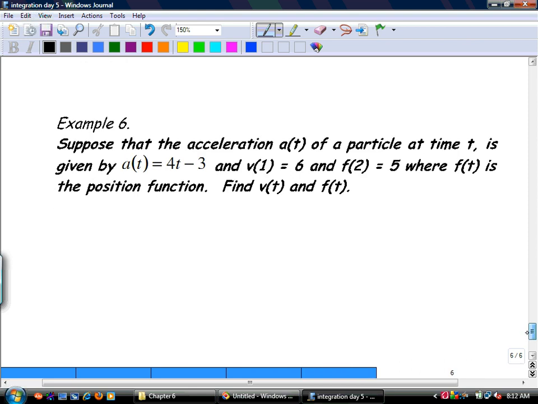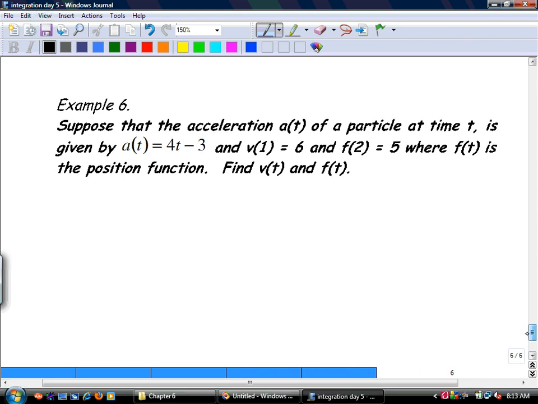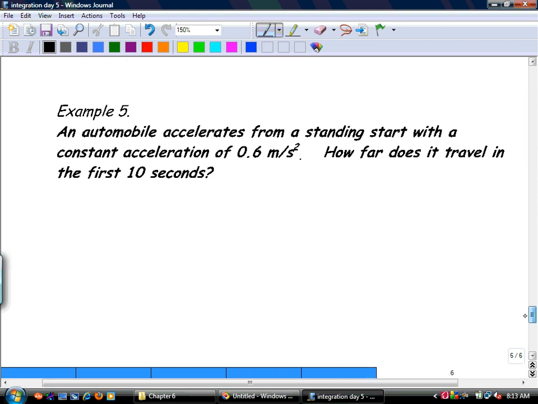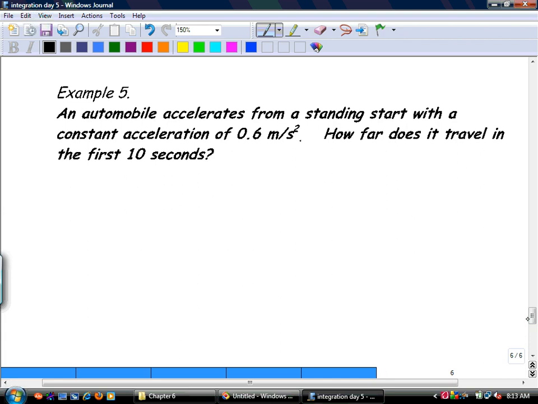Okay, two more. An automobile accelerates from a standing start with a constant acceleration of 0.6 meters per second squared. So what we're saying here is s double prime of t equals 0.6.